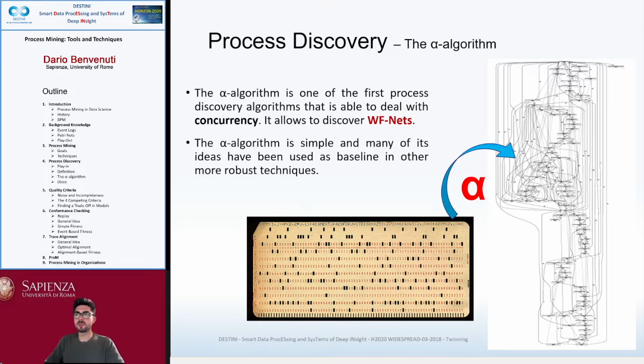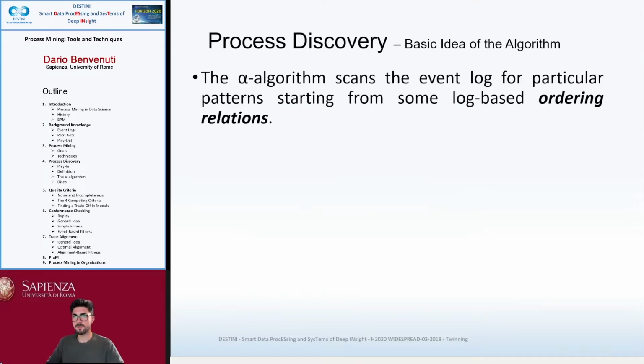For example, this algorithm allows us to discover workflow nets. It's very simple, and we will see that because of its simplicity, it has some flaws, of course, and can be used as a baseline, for example, to develop other techniques that can be even more robust than it.